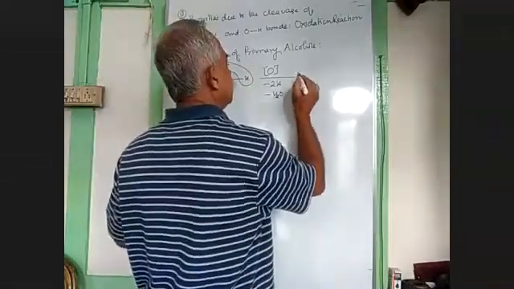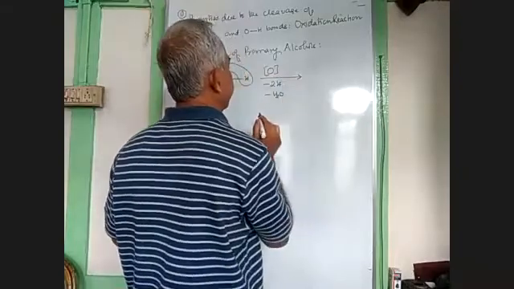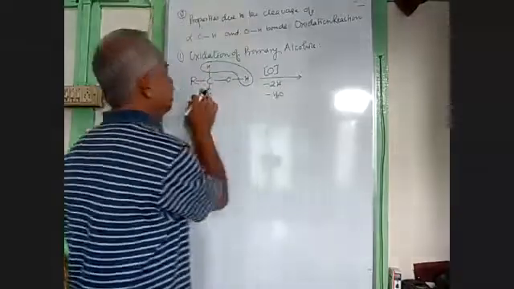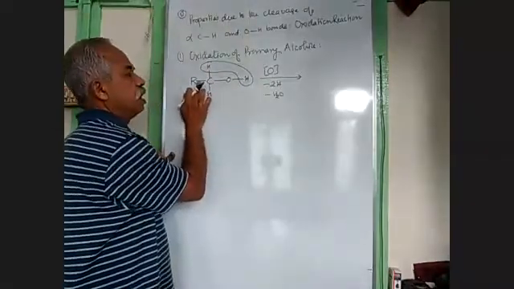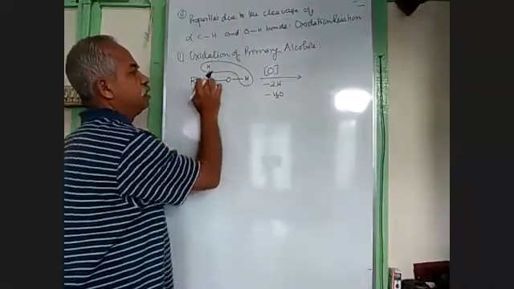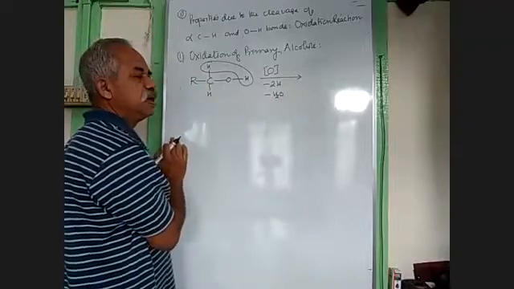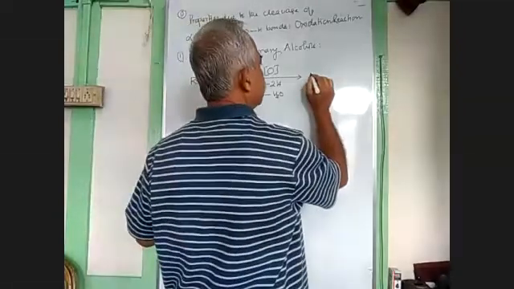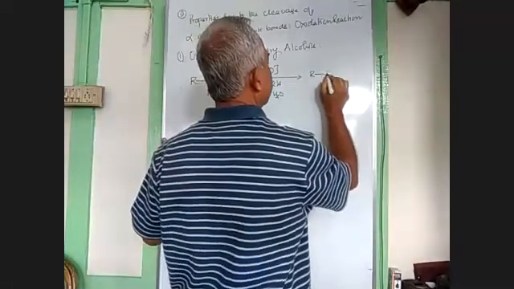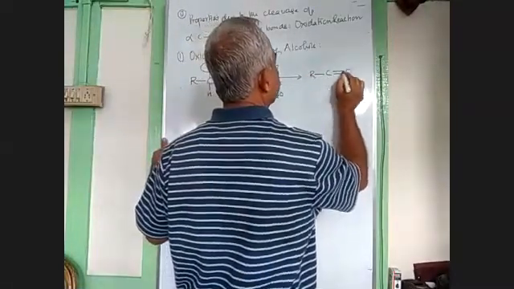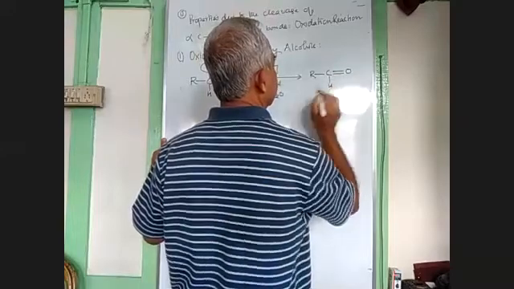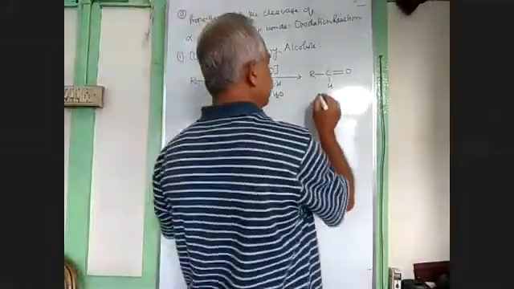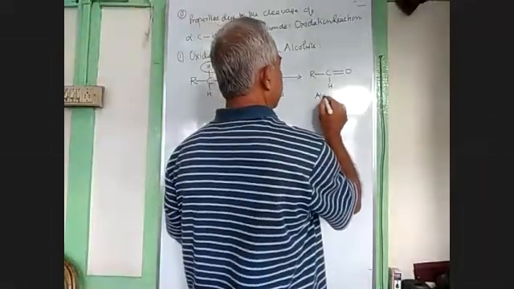Now, what is going to happen? In that case, see, valency of carbon is 4. So 1, 2, 3, 4. When this bond goes, immediately there will be a bond between carbon and oxygen. So what we are going to get here? You will get this. All right. So what is this? This is an aldehyde. Very good.